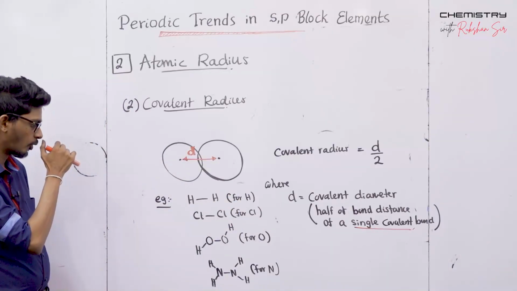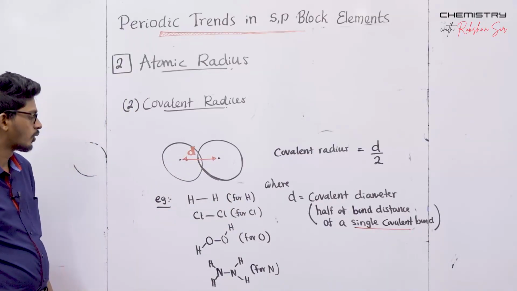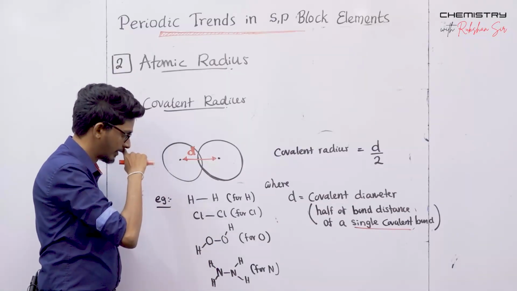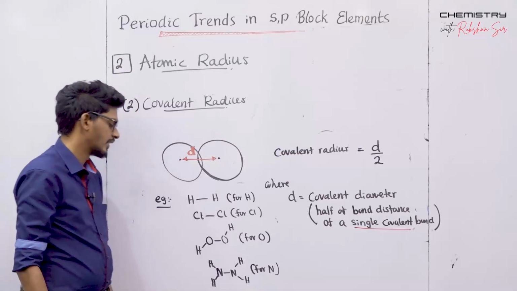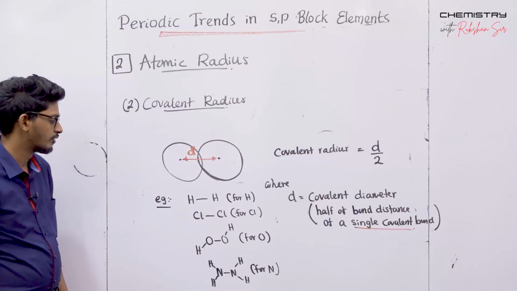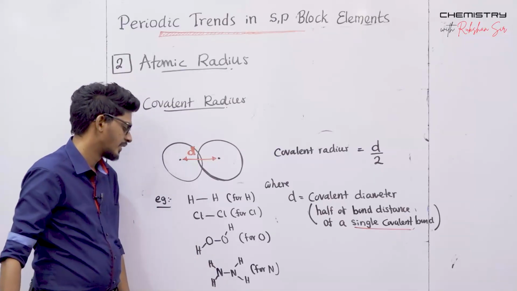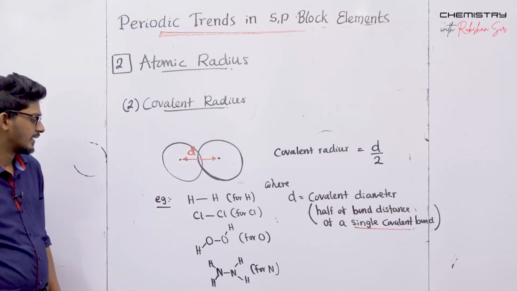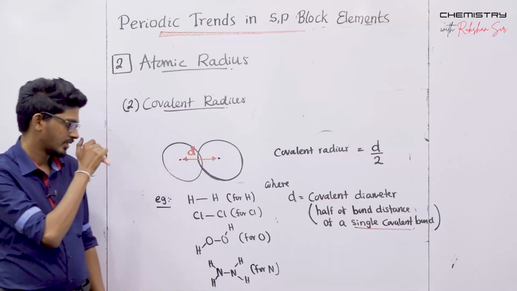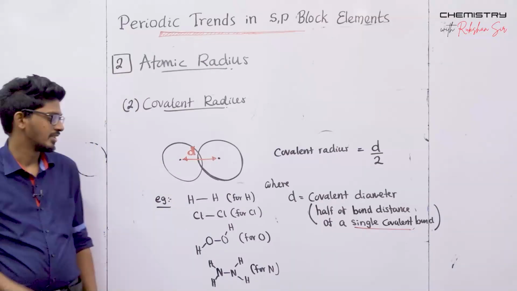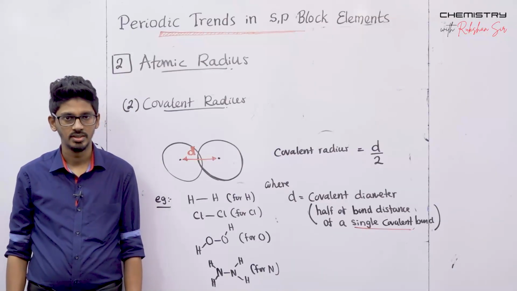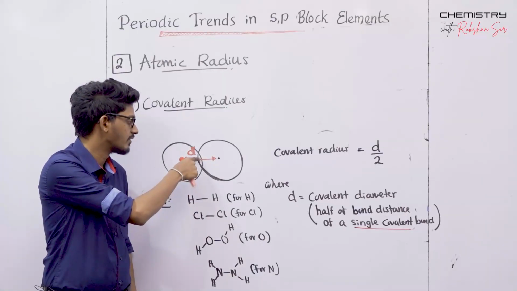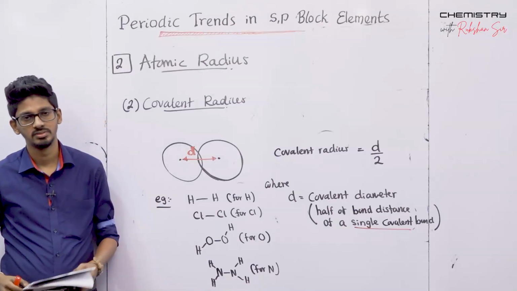So we can't use the O2 molecule to calculate the covalent radius for oxygen, and we can't use N2 for nitrogen. So we go for H2O2 and N2H4 to calculate the covalent radii of oxygen and nitrogen respectively, right? Because with the multiple bonds, the error will be high as the overlap will be high.